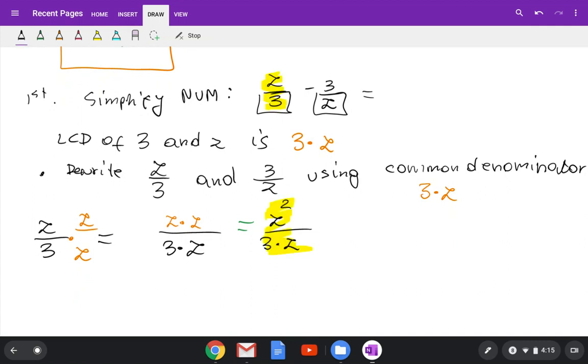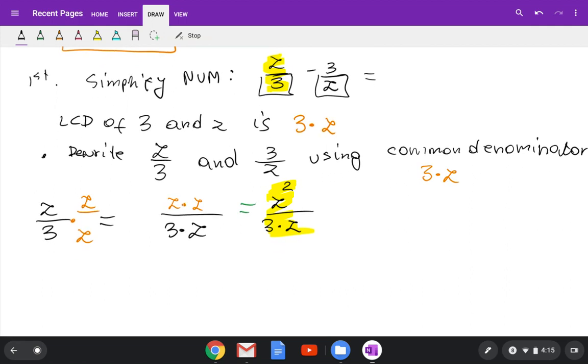Now I'm going to build an equivalent fraction to 3 over z. So I need my common denominator, which is 3 times z. We already have z, so we're missing 3.